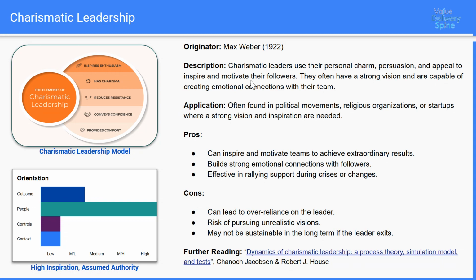A charismatic leader is somebody whose personal charm, persuasion, and appeal to inspire and motivate followers has a strong aspect to their ability to lead. They have a vision, and they are drawing people towards that vision. These are often applied to political movements, religious organizations, and even startups where you need a strong, inspiring vision to pull people along.